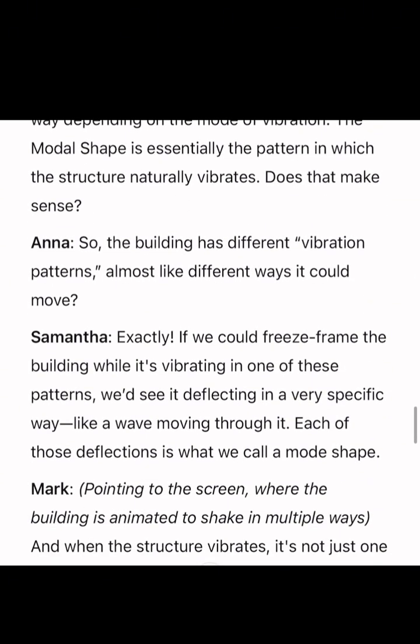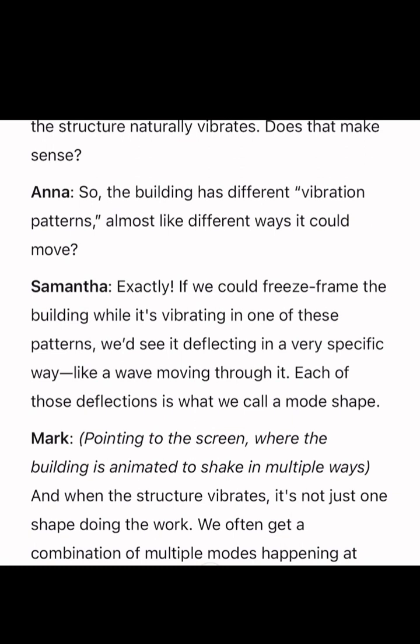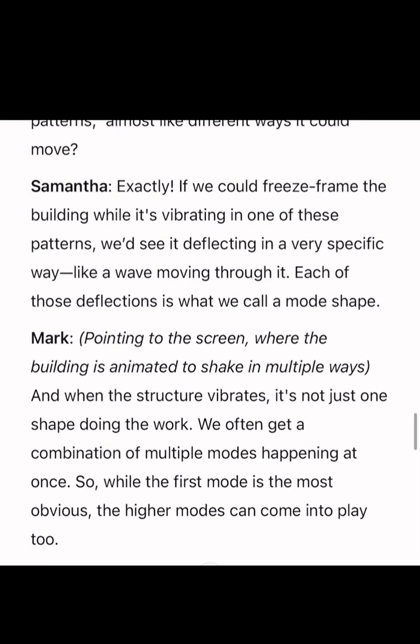Does that make sense? So the building has different vibration patterns, almost like different ways it could move. Exactly. If we could freeze the frame while the building is vibrating in one of these patterns, we'd see it deflecting in a very specific way, like a wave moving through it.